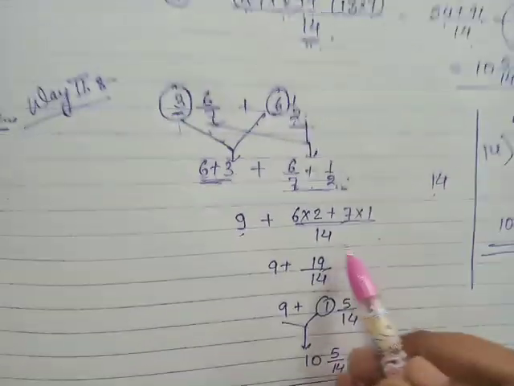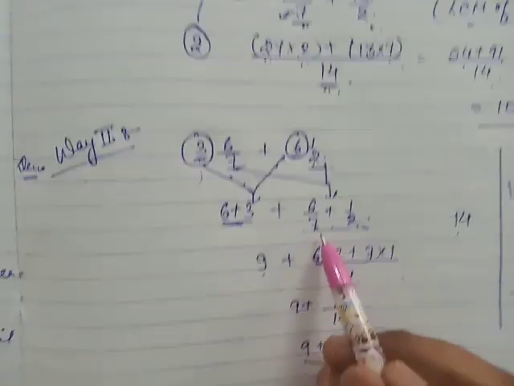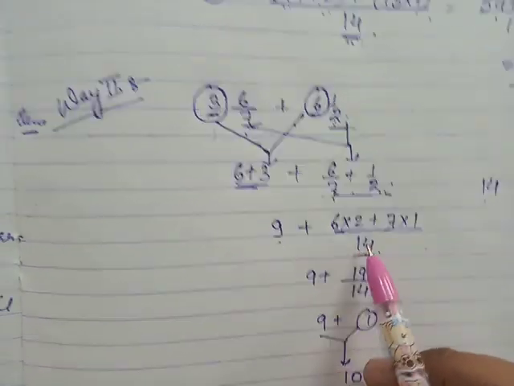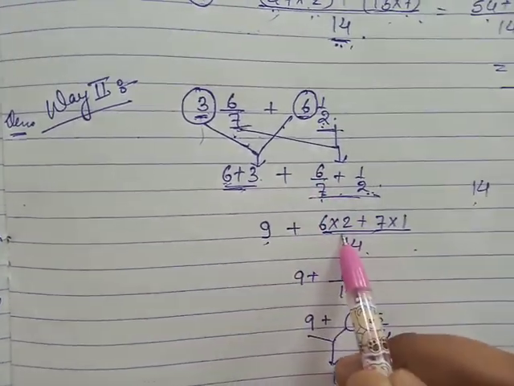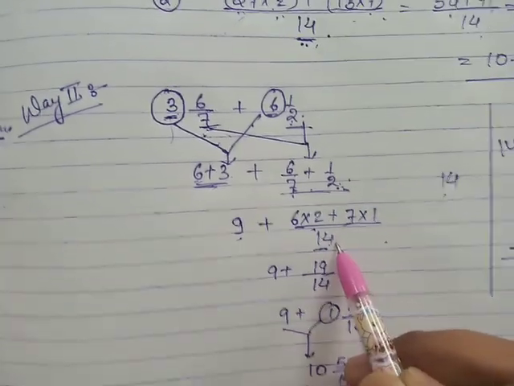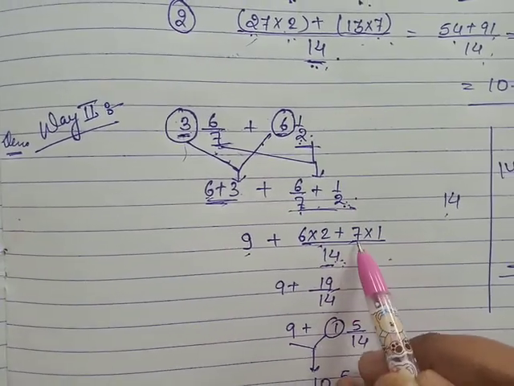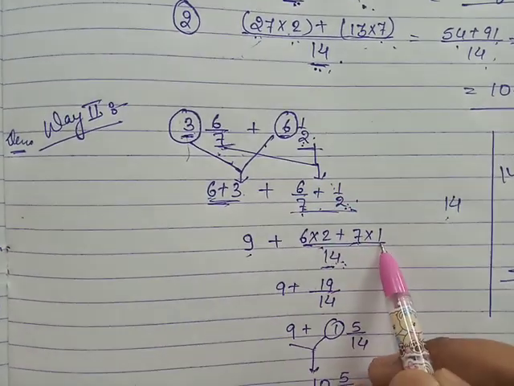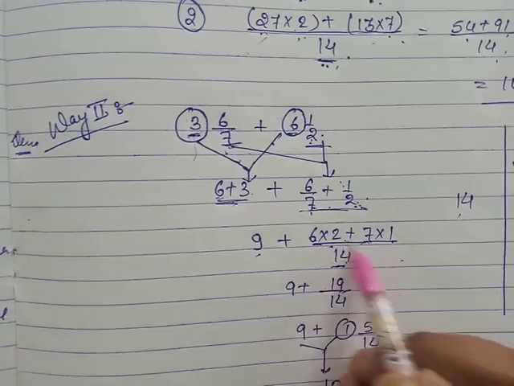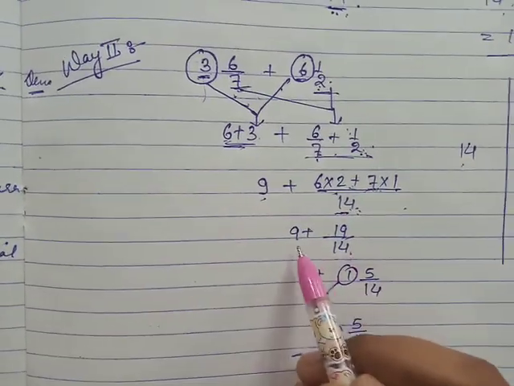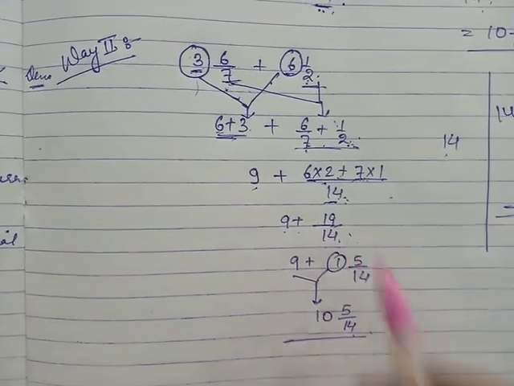Now 7 divides 14 2 times and 2 is multiplied to the numerator, that is 6 multiplied 2, and here 2 when divided into 14 will give 7. Answer 7 is multiplied to the numerator, that is 1. We have 6 2s are 12, 12 plus 7, that will be 19 by 14. We have 9 plus 19 by 14.